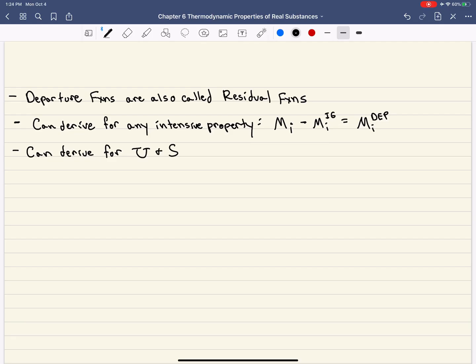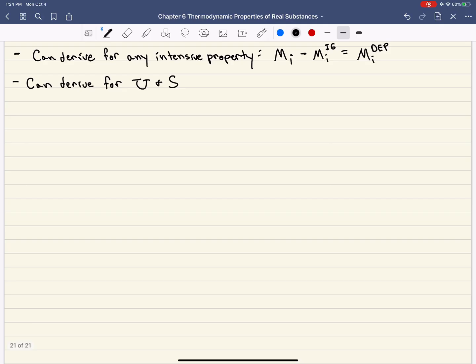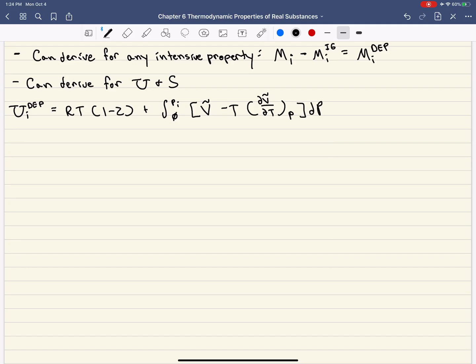To demonstrate this, I'll just say that you can derive these for internal energy and entropy. I won't go through the full derivation, but essentially, for internal energy, your departure function would look like this. And for entropy, your departure function would look like this.